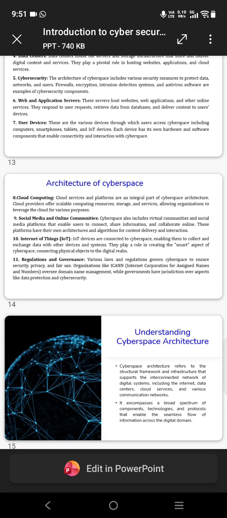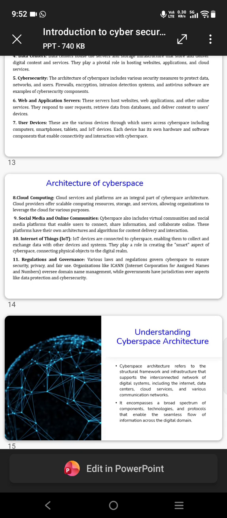Internet of Things. IoT devices are connected to cyberspace, enabling them to collect and exchange data with other devices and systems. They play a role in creating the smart aspect of cyberspace, connecting physical objects to the digital realm. Then regulations and governance.